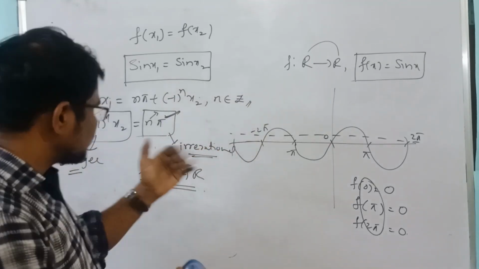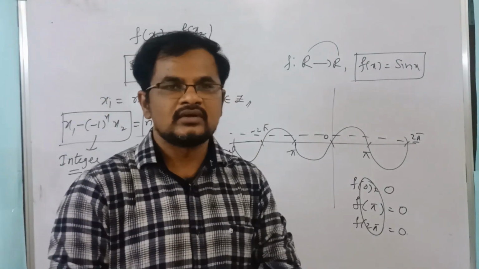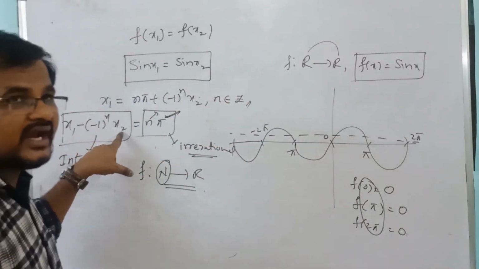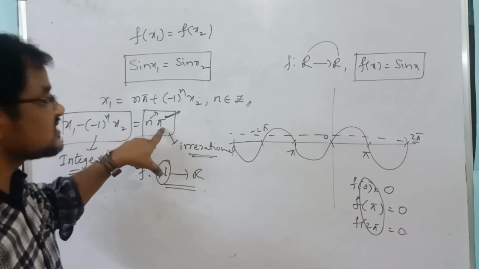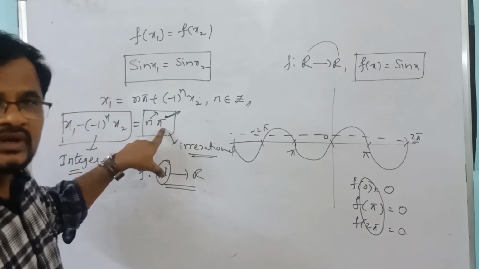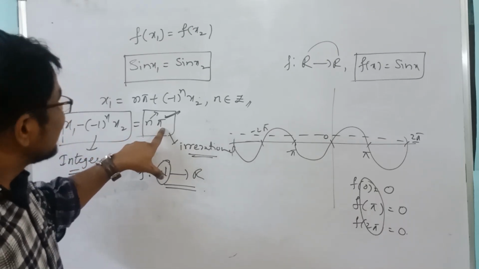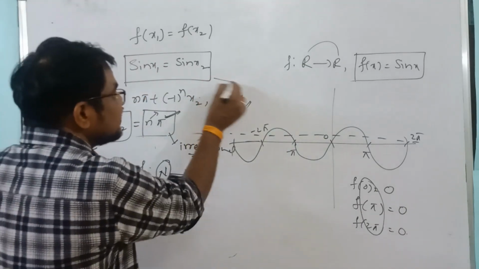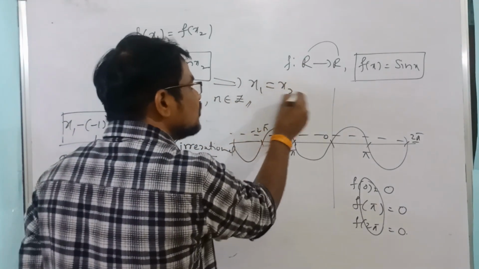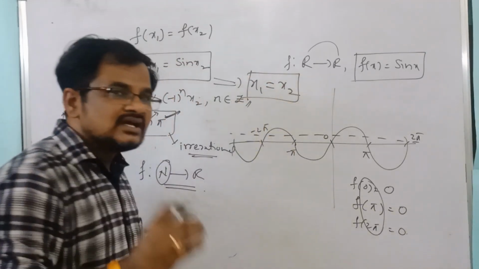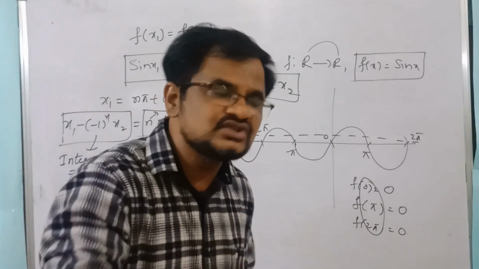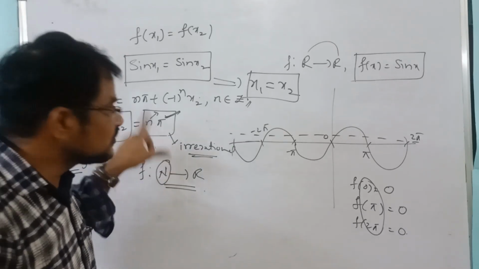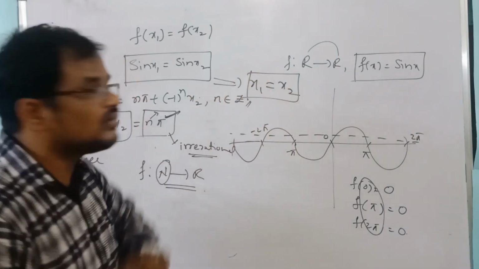Is an integer equal to an irrational? No. And are there any two different values of x1 and x2 that give RHS as n pi? No, definitely not. So sin x1 equal to sin x2 means definitely x1 equal to x2 only, because there are no two different values which give RHS as n pi. Listen carefully. So that's why definitely x1 equal to x2.